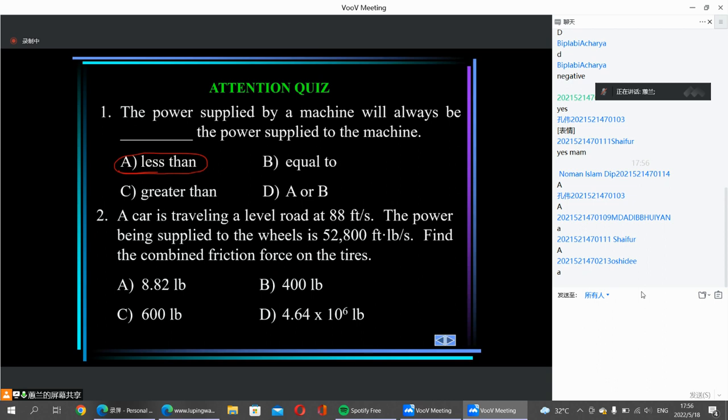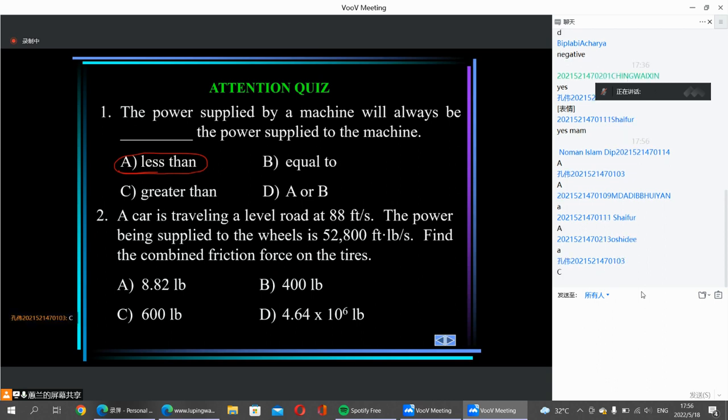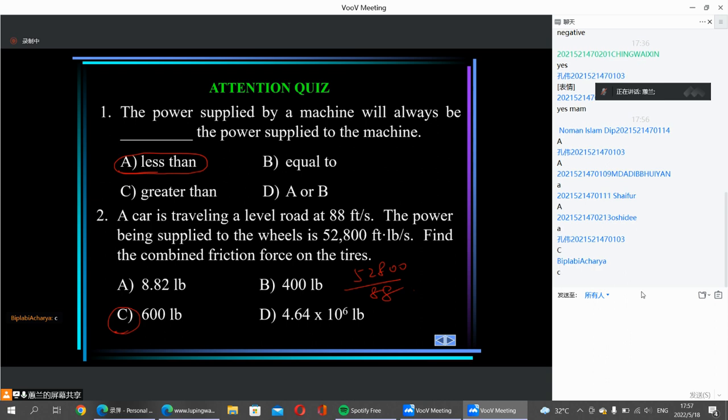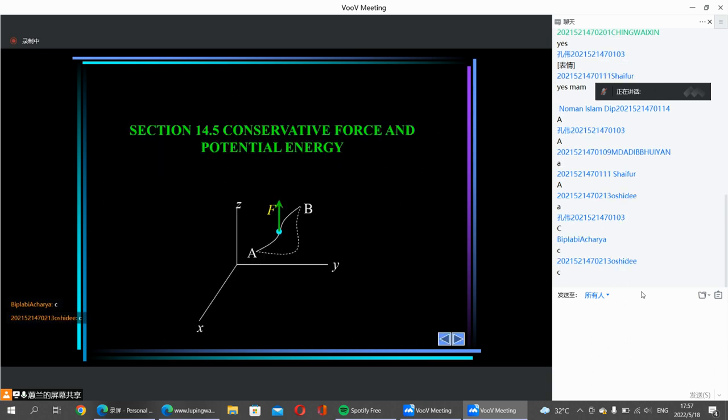So which one? Yeah, it's 600. Just simple mathematics. So the answer should be C. Thank you very much, really appreciate your response.